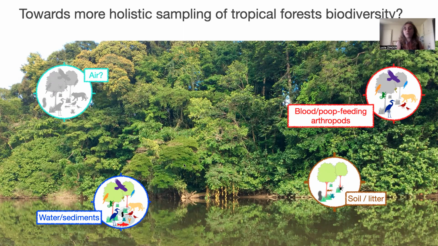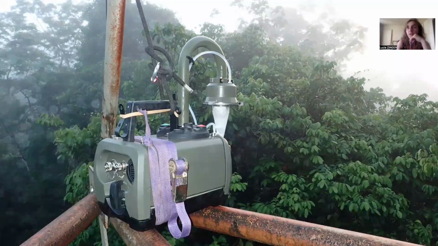Something that has been recently proposed also is the sampling of the air, the DNA that is present in the air. Some studies that were published last year made some proof of concept, but I had some colleagues that conducted this kind of analysis in a tropical forest using this kind of device.